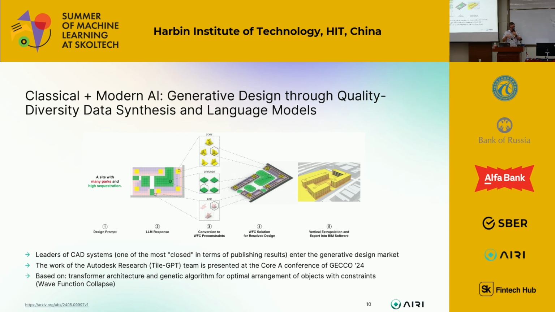And every type of blocks has their different positions, different ways of putting them in the project. And the idea that they developed, they used transformer as an architecture that can generate in autoregressive format, step by step, a picture actually. So it's just a picture which contains different types of blocks inside this picture.